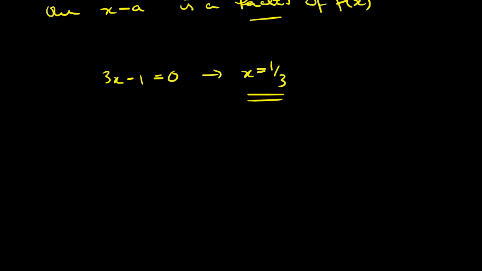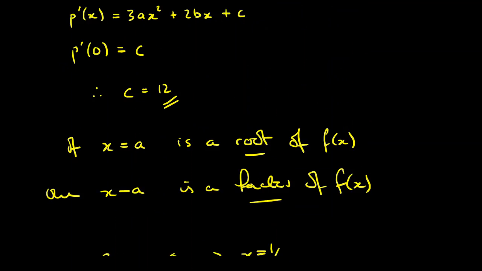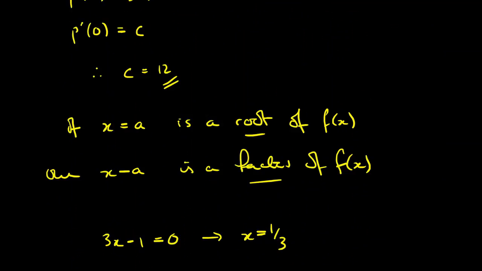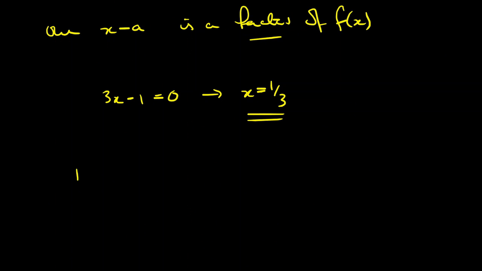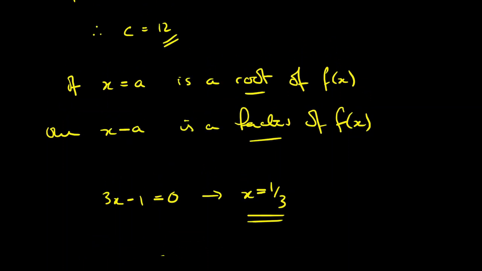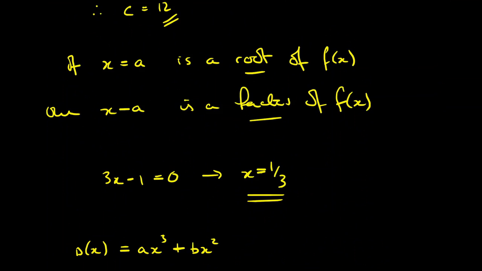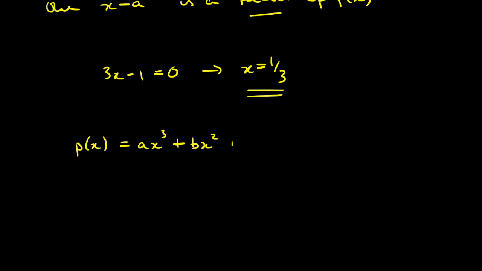So just to restate the polynomial, what was it? P of x is equal to ax cubed plus bx squared plus cx, which was 12, so plus 12x minus 5.